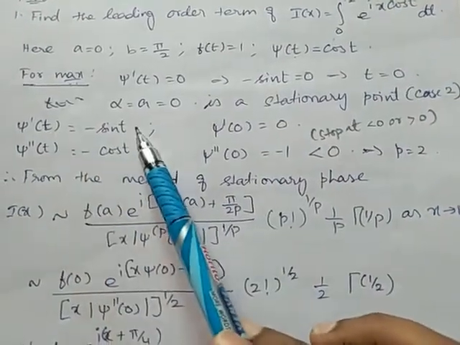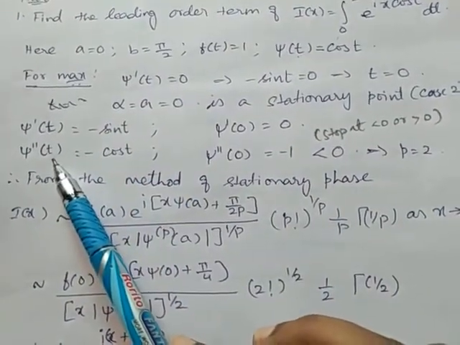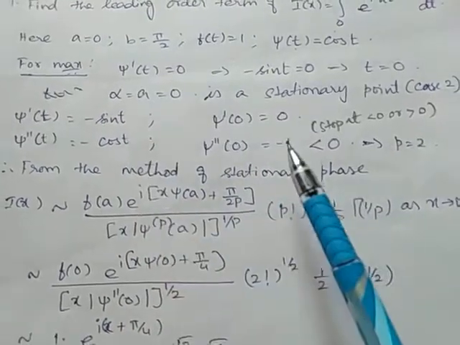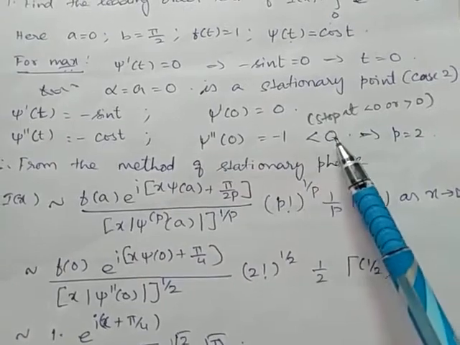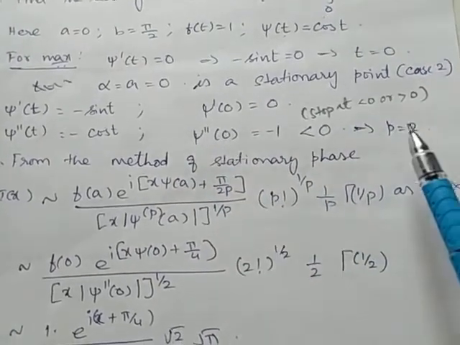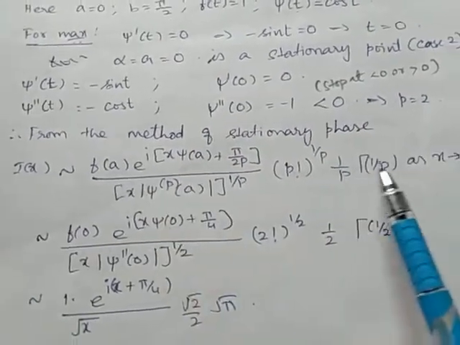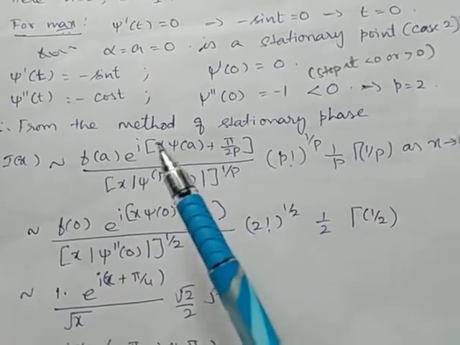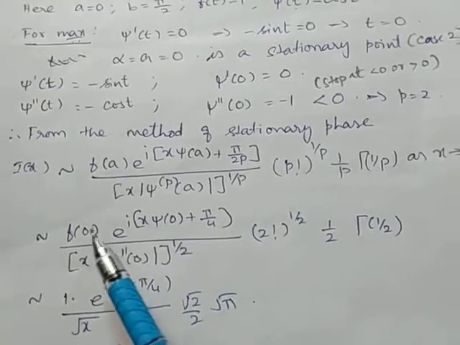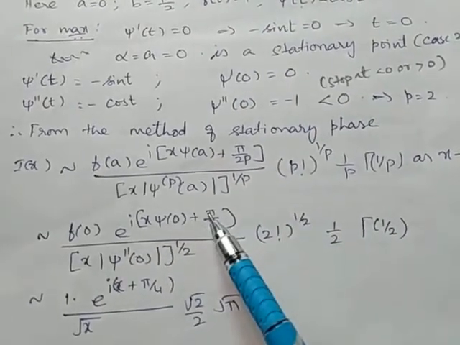Psi' is minus sin t, and the second derivative is minus cos t. At t equal to 0, it is minus 1, which is less than 0. Therefore p is 2. This is our standard formula. Just substitute p equal to 2, a equal to 0, f(0) equal to 1, and we'll get this form.